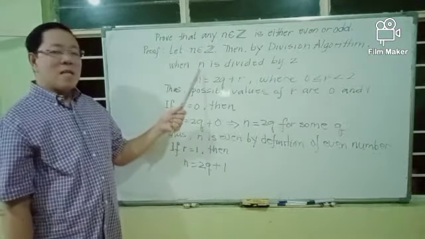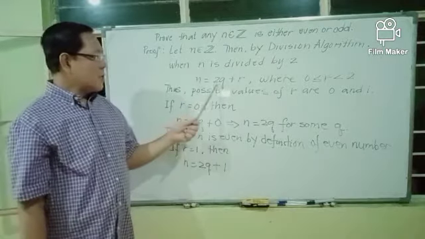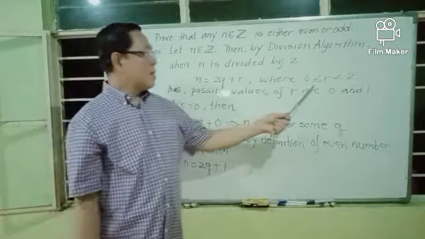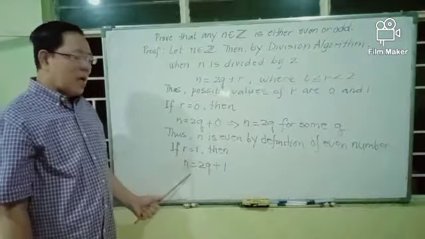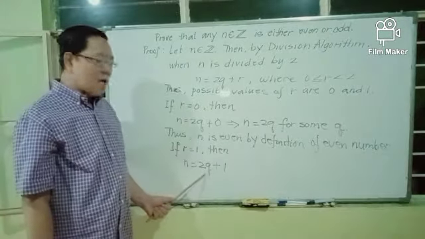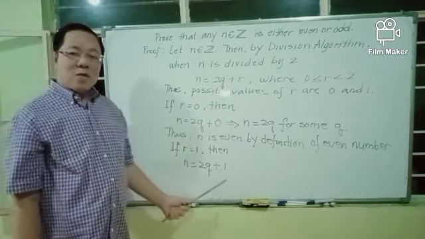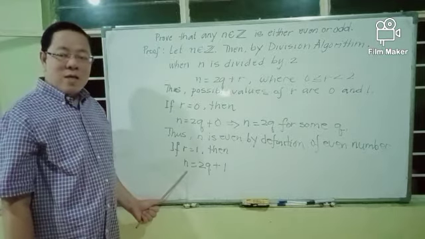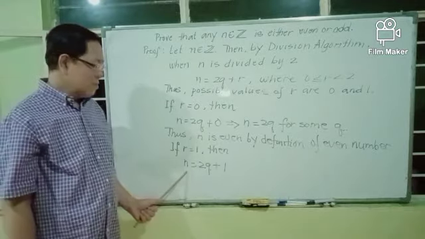By the division algorithm, if N is divided by 2, there exists integers Q and R such that this equation is true and this inequality is true. And we have shown that if R is 1, N is equal to 2 times Q plus 1. And from this equation, we conclude that if the remainder R is 1, N is an odd number.